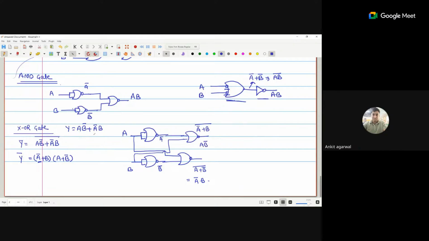So we are getting this one and this one, and this one, by using one gate.